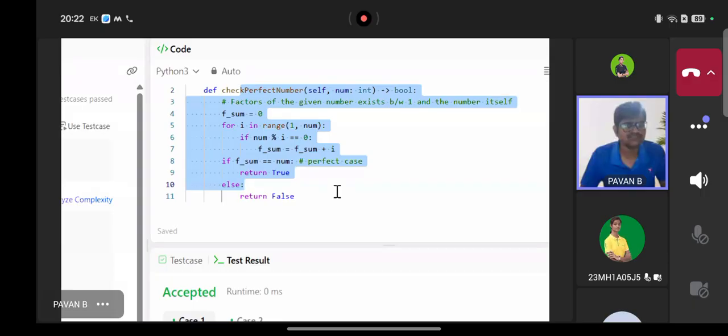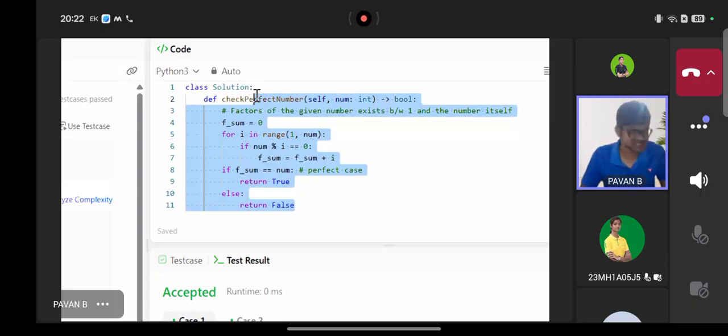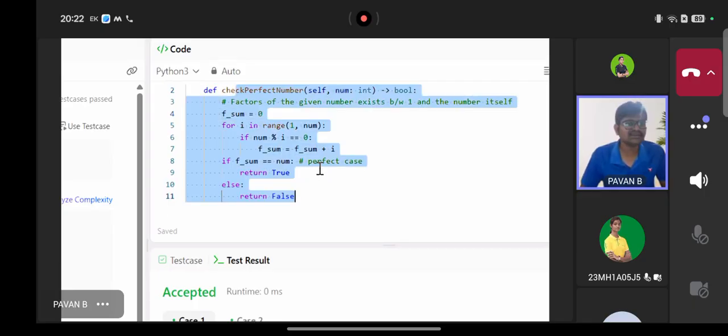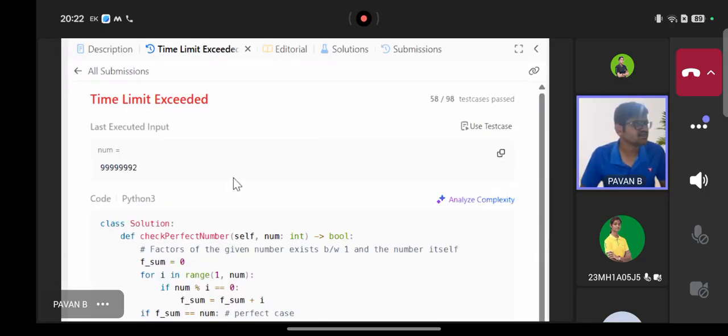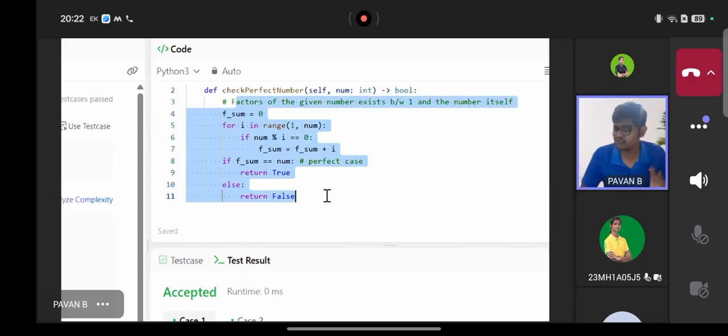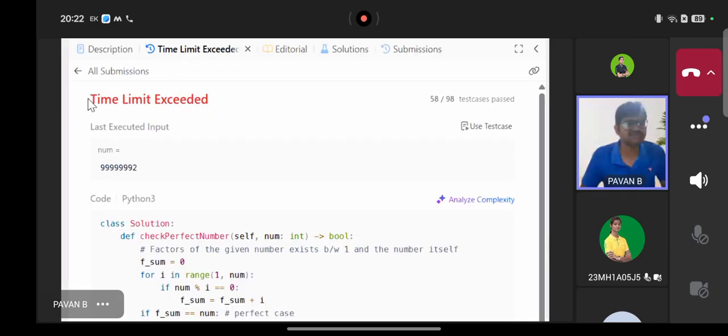Not optimal means it is not meeting their expectations, which means this problem can be solved within the time they have given you. Whatever time they set, it could be 1 second or 2 seconds, the solution, if you write it optimally, should be able to pass all the test cases within the allotted time.